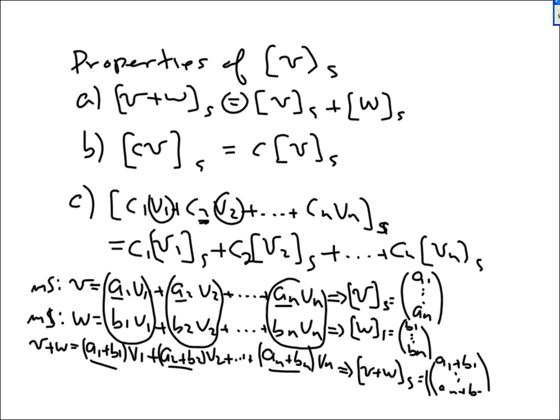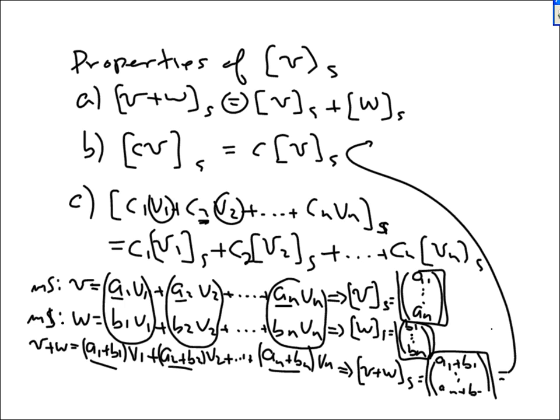But this last vector is nothing more than this plus that. Let me continue up here, please. This vector on the bottom is nothing more than a1, a2 up to a sub n plus b1, b2, up to b sub n.